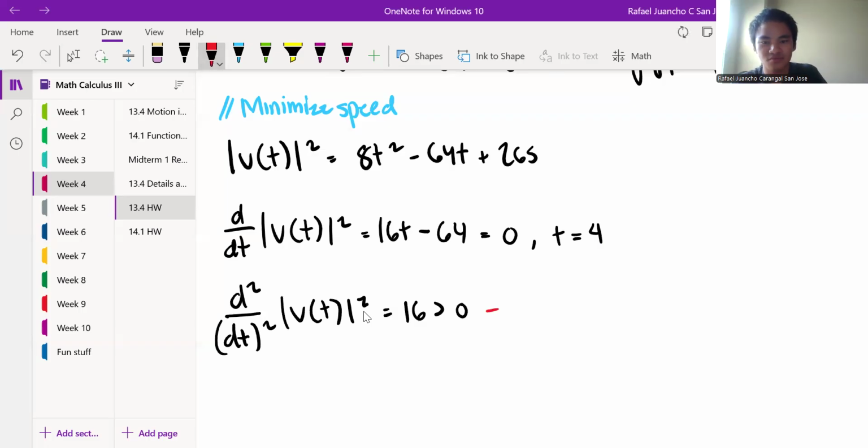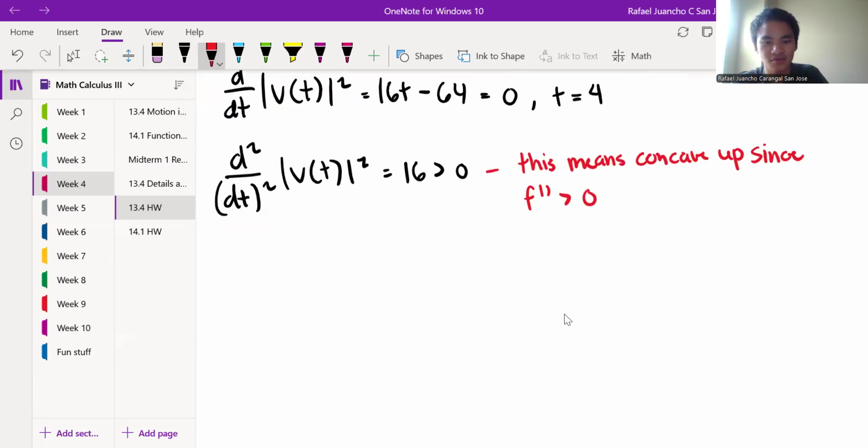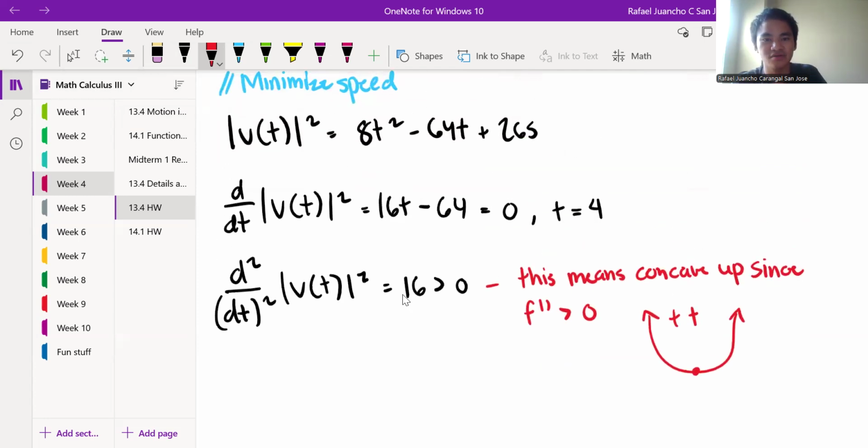This means concave up, since the second derivative is greater than 0. And if it's concave up, then anything we put here is a minimum. So here I actually kind of found it already.